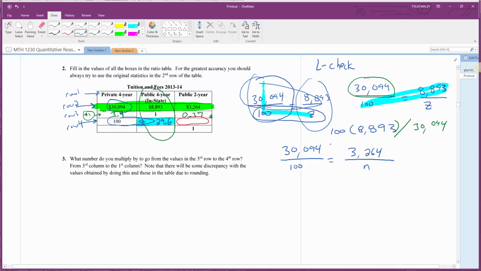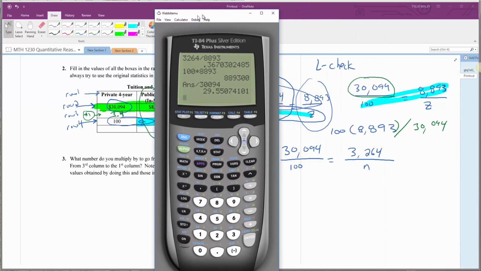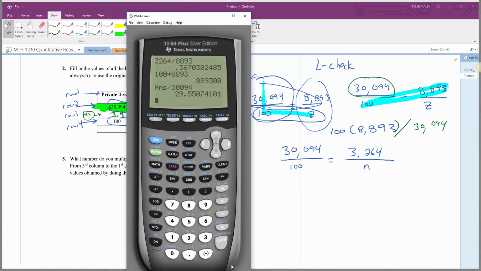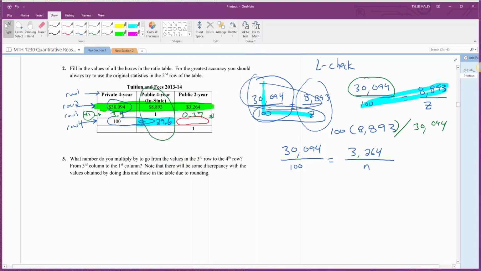Now if I cross multiply and divide, I can figure out this value. We take 100 times 3,264, divide that by 30,094, and we get roughly 10.8, we'll say 10.85.